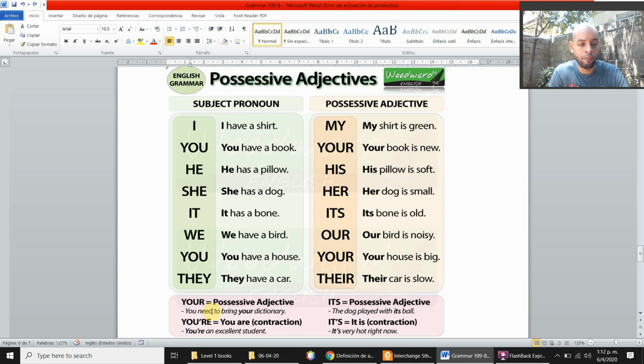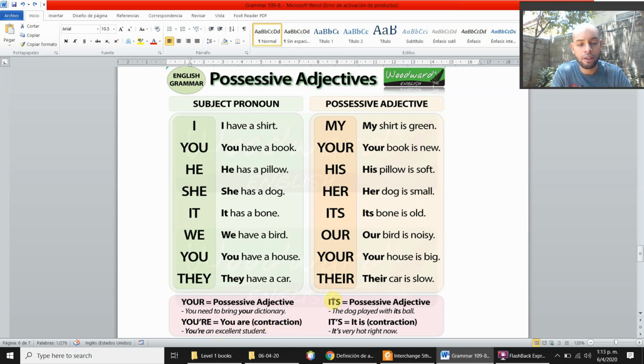And this is representing two different objects, but they represent different things. These are pronounced similar, your and you're. But one is the possessive adjective, and you're is the contraction of the subject and the verb be.